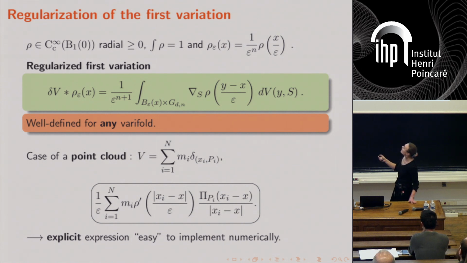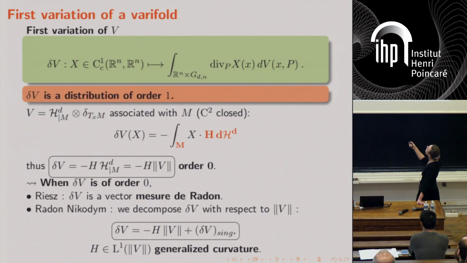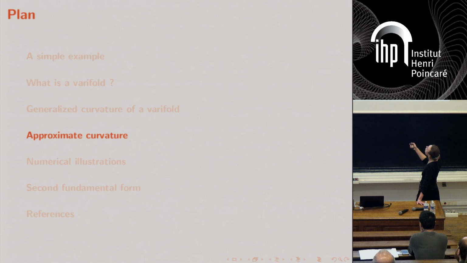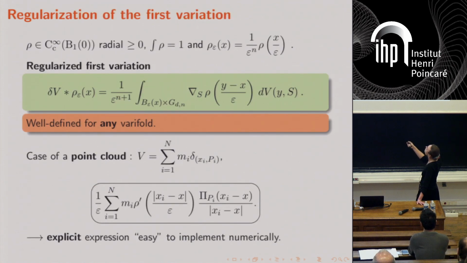And if you rewrite this expression with your convolution kernel, it's quite explicit, okay? Here it's just the projection onto the plane S of the gradient of your profile that you know, okay? And then it's just the integration against your varifold that you know.